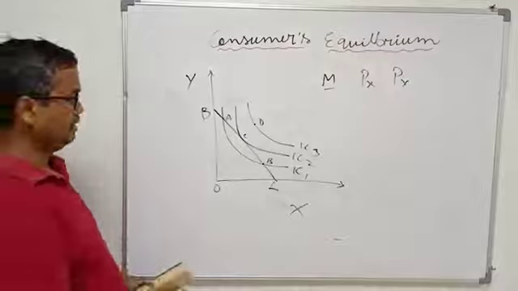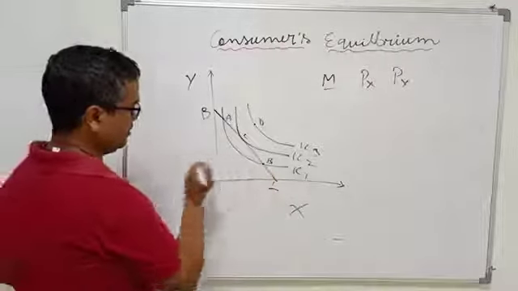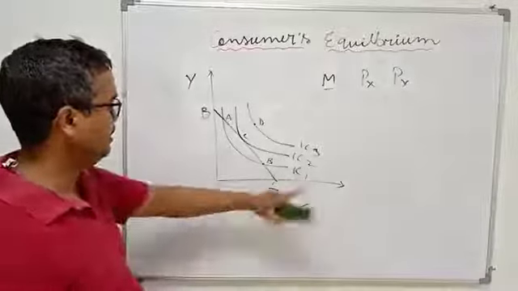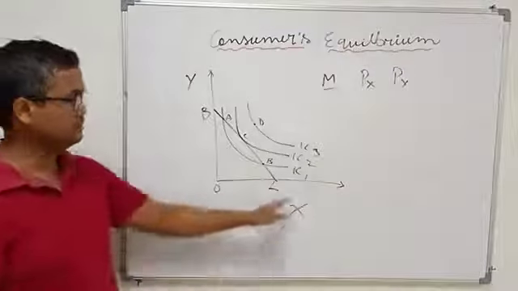Or the consumer can choose combination B. Again, the satisfaction level will be measured by IC1.